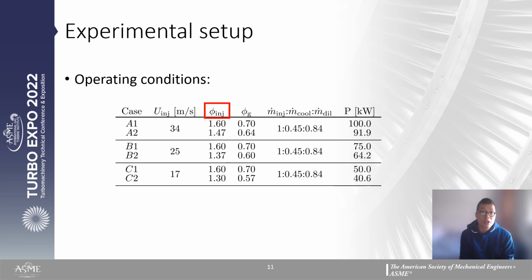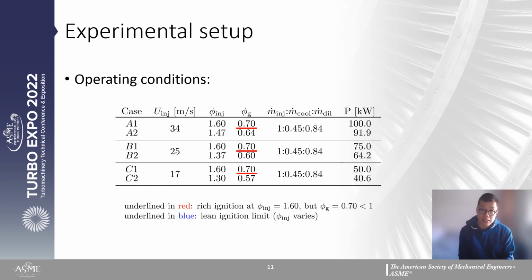2 different points of equivalence ratio were actually considered. One at a fixed global ratio of 0.7, underlined in red, and the other underlined in blue, which is the lowest possible ratio whereby successful ignition could always be achieved, which is dependent on the operating condition.